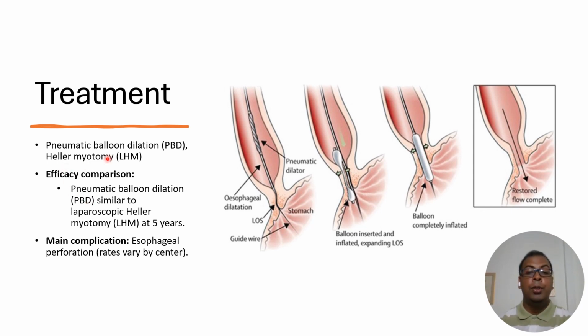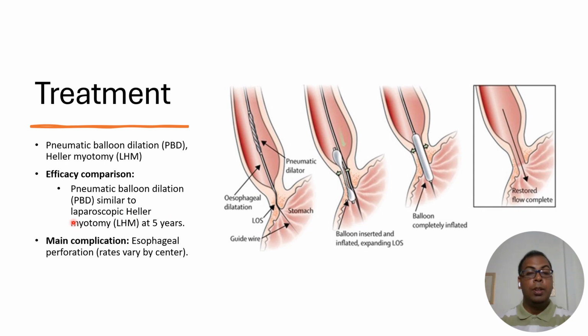And the other procedure that is done is Heller's myotomy. This could be done via the open method or the laparoscopic method. And basically what it is, you're going to make an incision at the lower esophageal sphincter in an attempt to relieve the constriction at the lower esophageal sphincter.